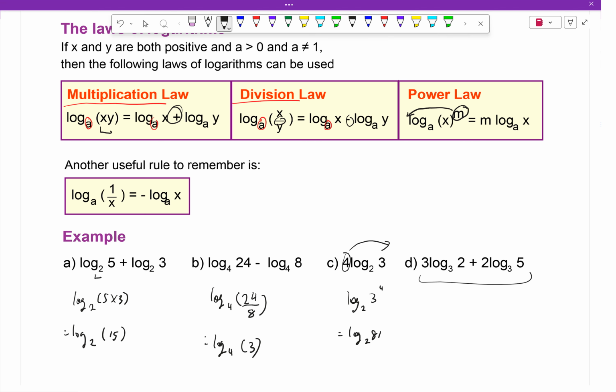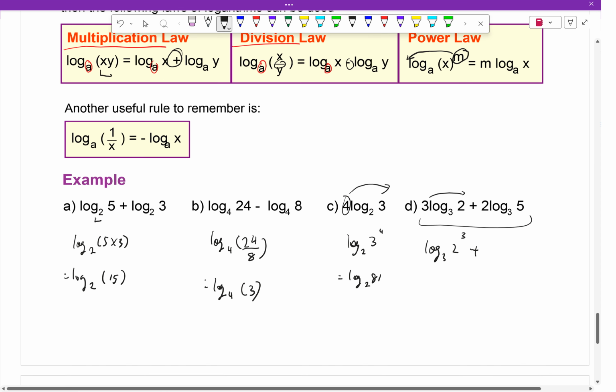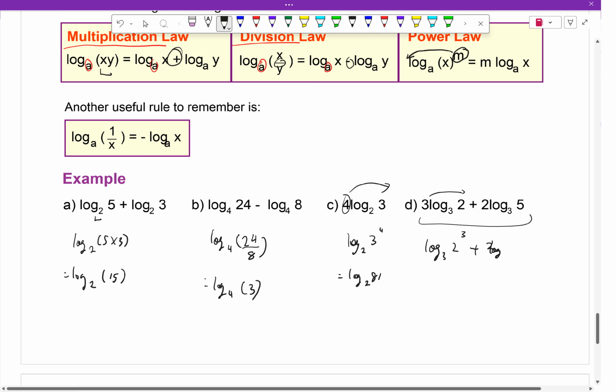Let's make it into another form. Again, you will see this kind of question in A level quite often. Here we have log base 2, and what we must do is the power law. So we convert here first, and then we've got log base 3 of 5 to the power of 2.